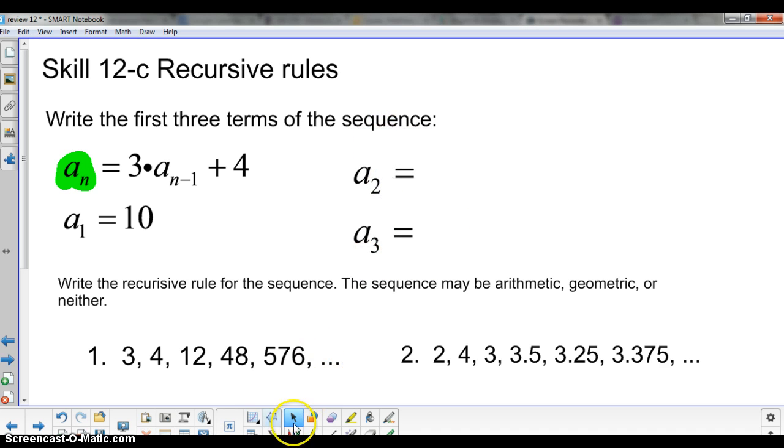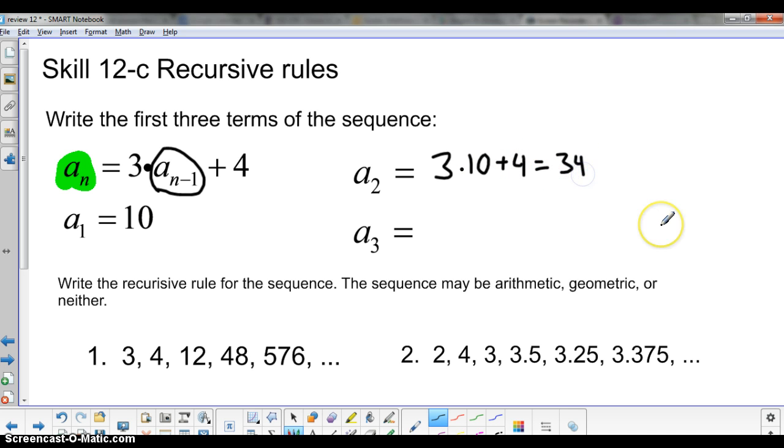So I will say 3 times, and this now stands for the previous term. If I'm trying to get the second term, I want to go back to the first term. 3 times 10 plus 4. 3 times 10 is 30 plus 4 is 34. And so your second term is 34.